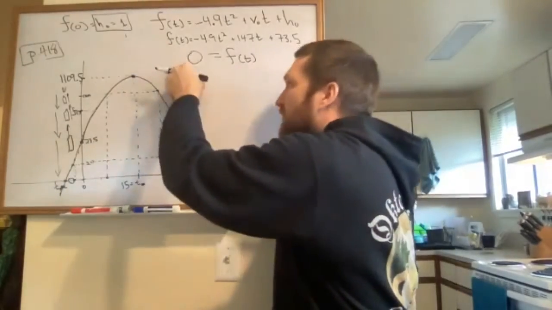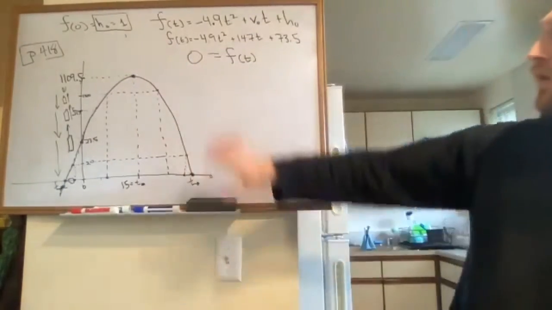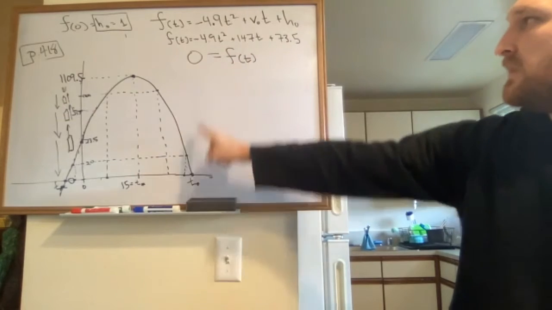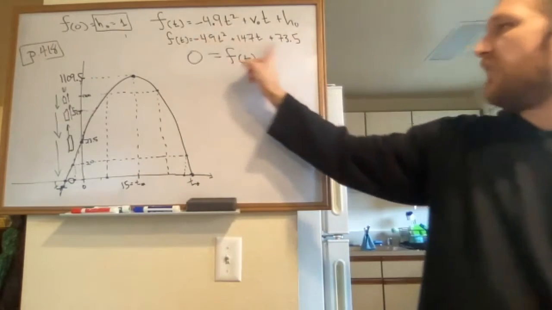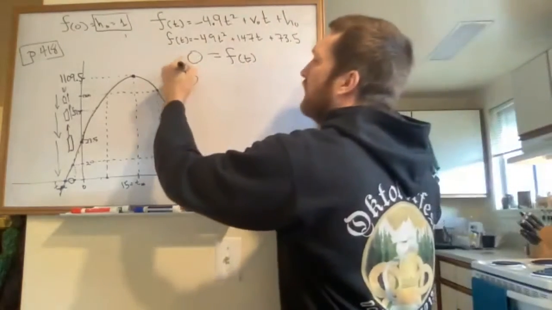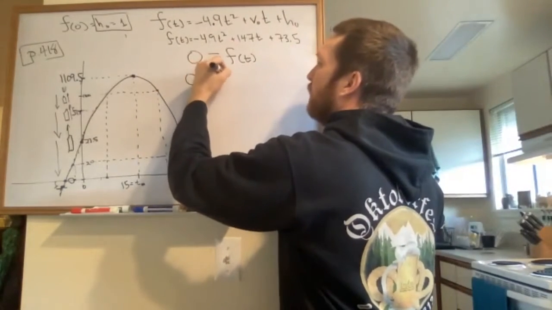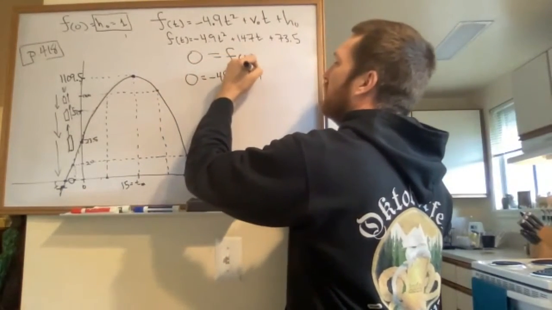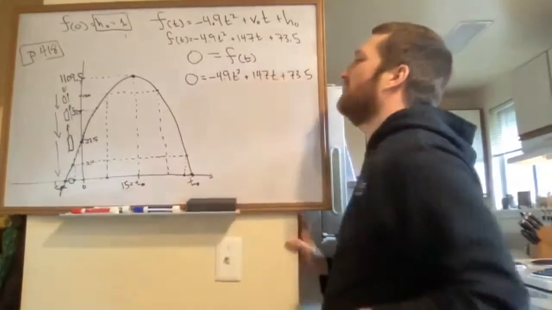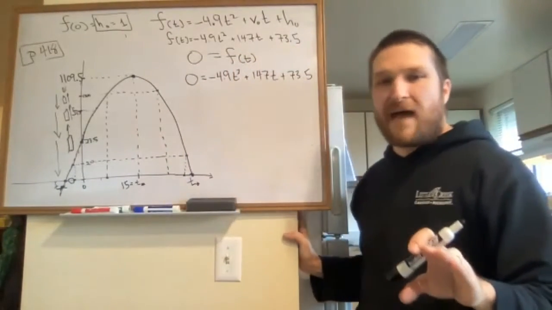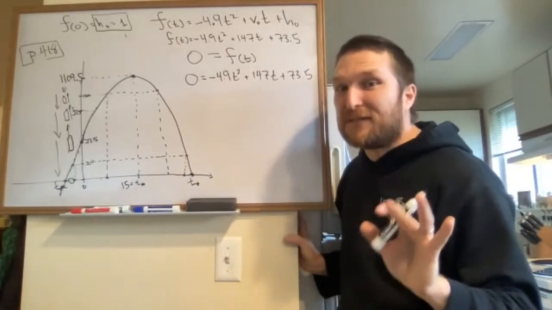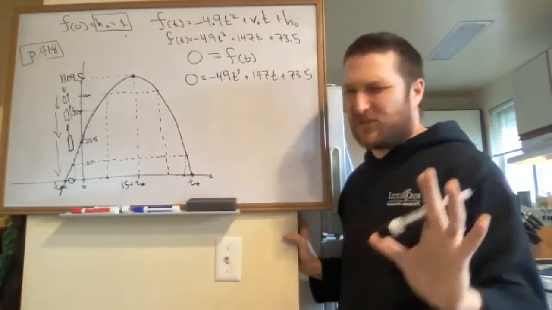So long story short, we are trying to solve this right here because we want to know for what times the output, or the height of the rocket, is equal to 0. And so we have 0 equals negative 4.9t squared plus 147t plus 73.5. No way you're going to factor that guy, and trying to complete the square would be way too much work.